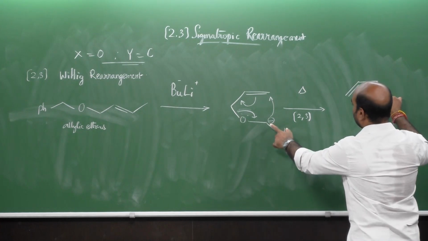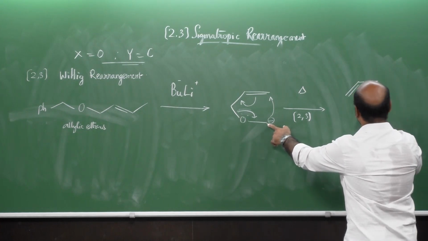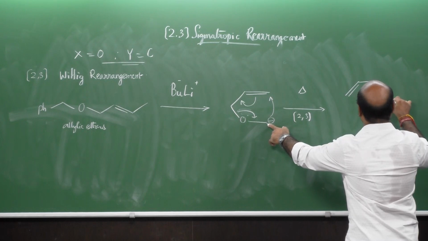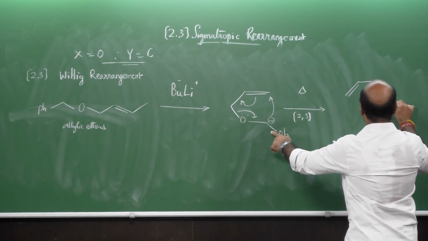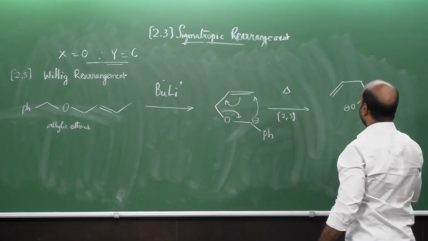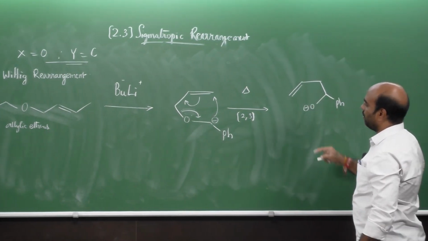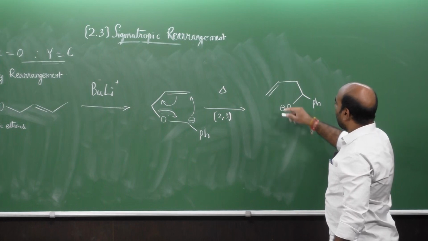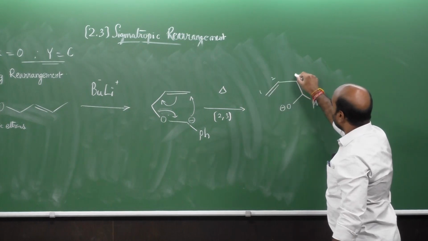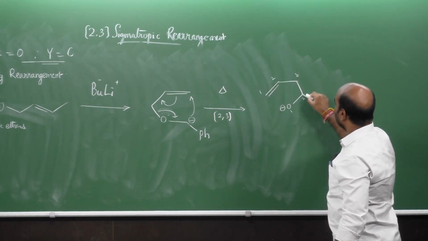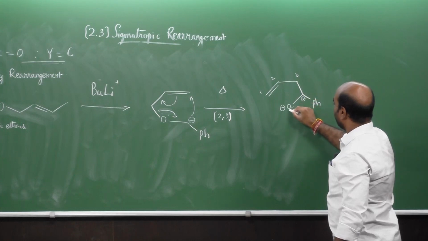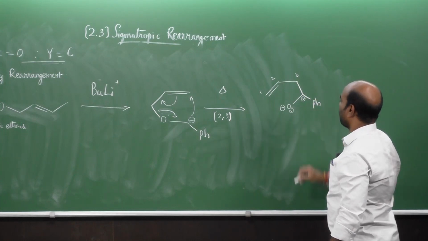This is the third carbon atom, second, and this is connected to O minus, and then this is Ph. So, this is the product which you are able to see here, and 1, 2, 3, and this was previously 1 and this is previously 2. So, this is the product.